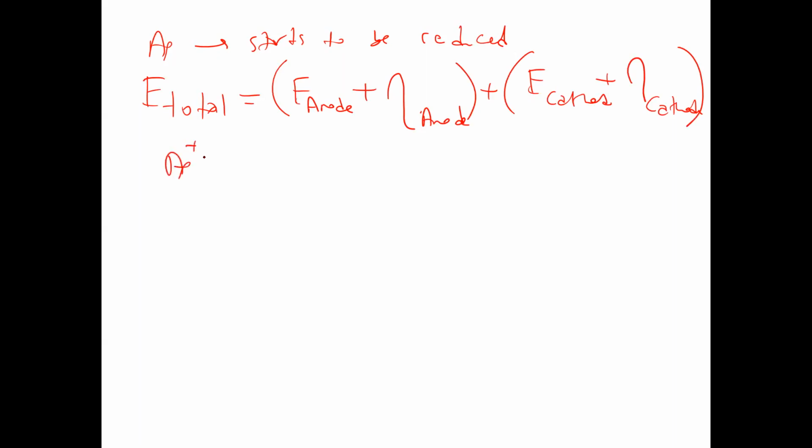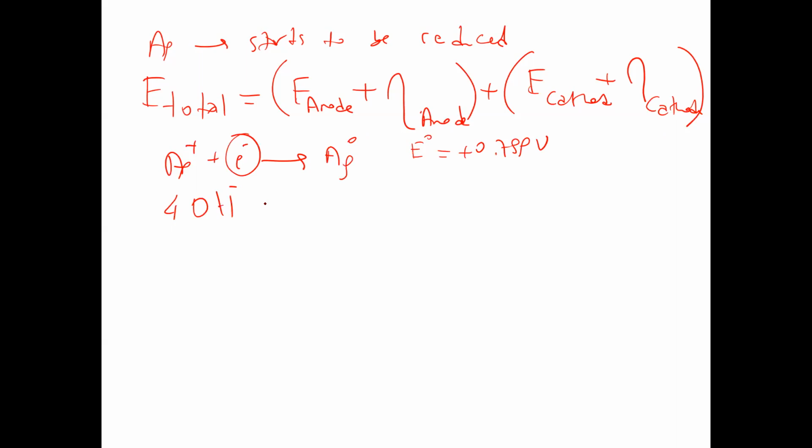Silver gets one electron to be reduced into metallic form. The standard value is plus 0.799 volt. In order to take this electron, something happens. What's going to happen?